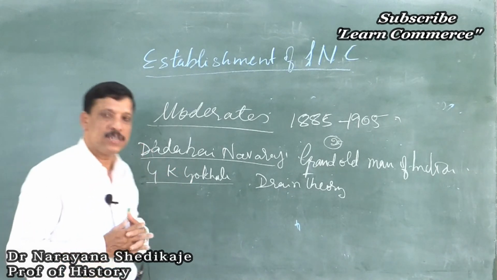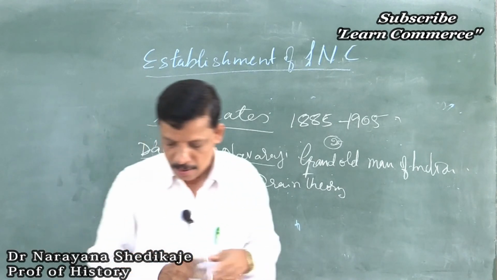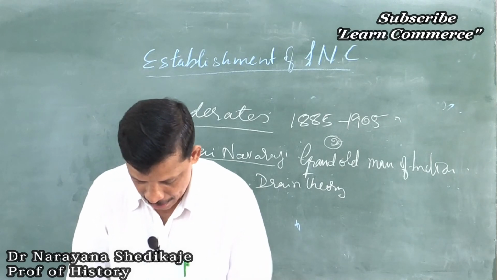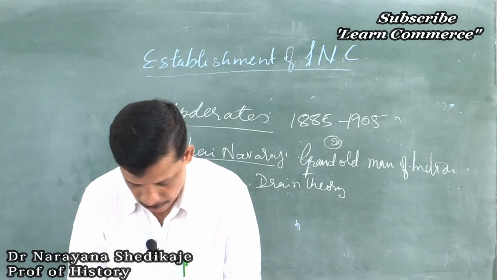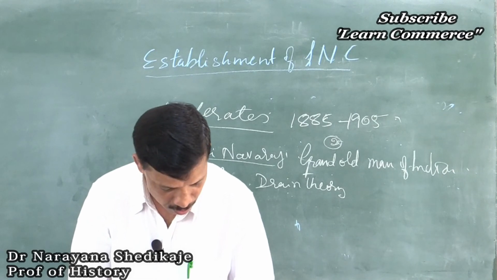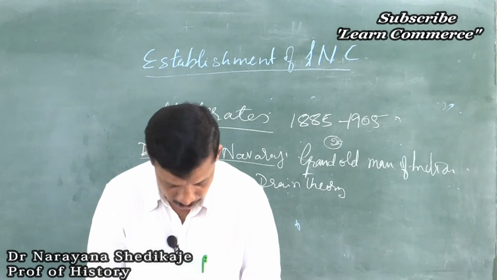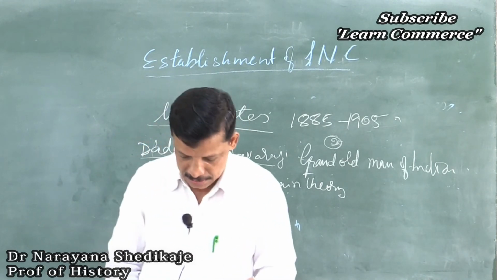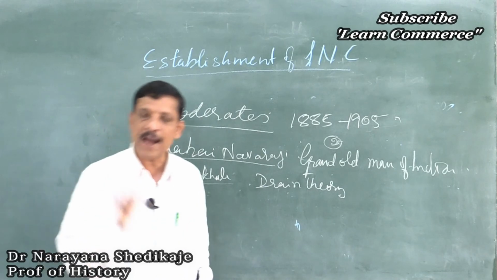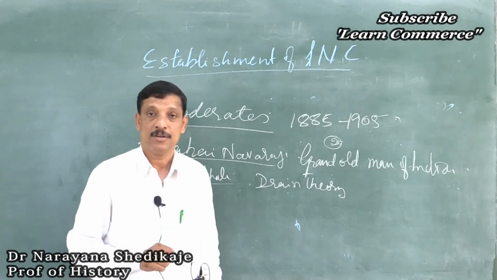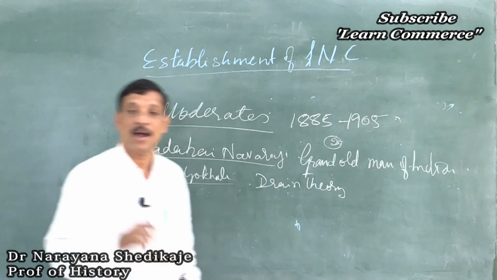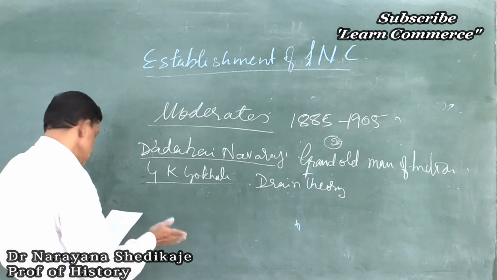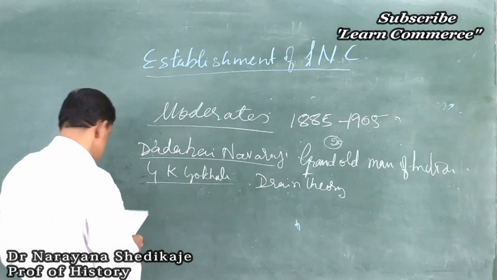And he established one important association in England, the East India Association, which tried to draw the attention of the British to the Indian problem, in 1886.